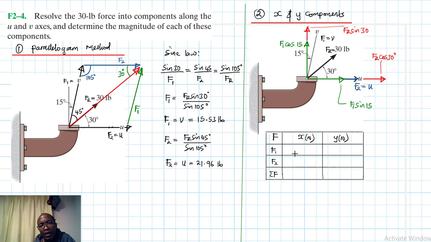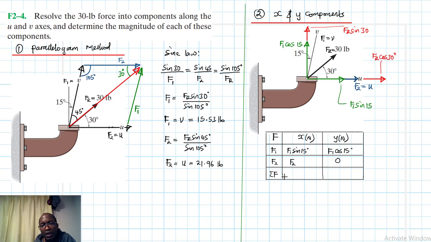So what do we have under F1? On the x-axis, F1 cos 15, and on the y, F1 sine 15, positive. Then for F2, we have F2 itself, and then a 0.